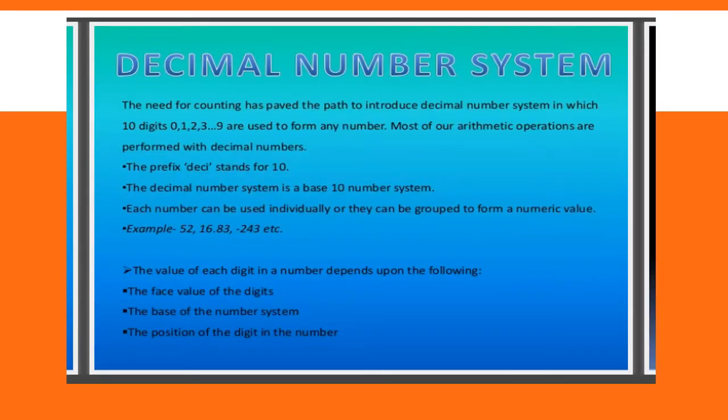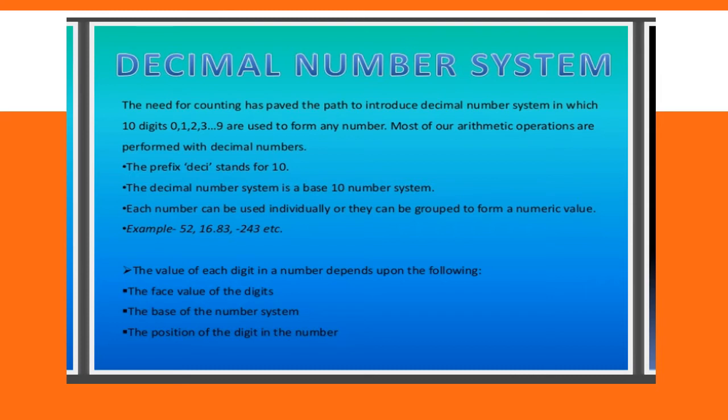Decimal number system. The need for counting paved the path to introduce the decimal number system, in which 10 digits, 0 to 9, are used to form any number.